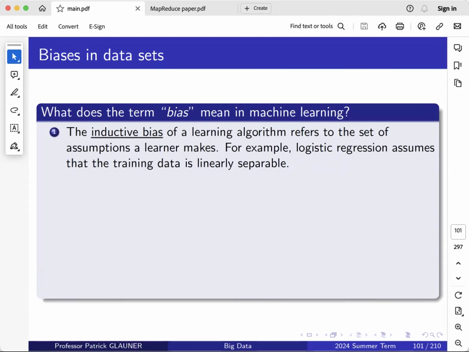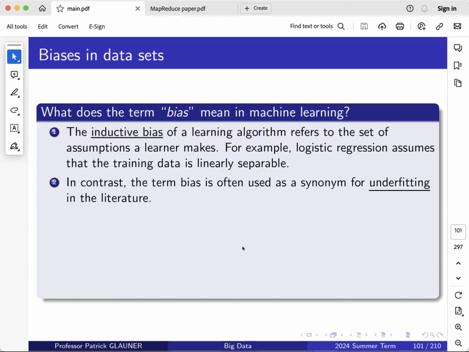When you have a support vector machine, the support vector machine makes certain assumptions. A decision tree makes certain assumptions. And these assumptions about your data is something we call the inductive bias, because every model is a simplification of reality. And that simplification is the inductive bias our model makes. And we always have some inductive bias.